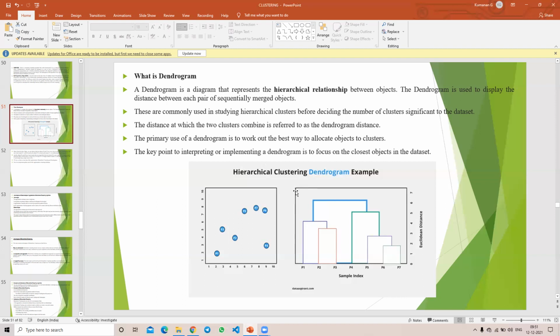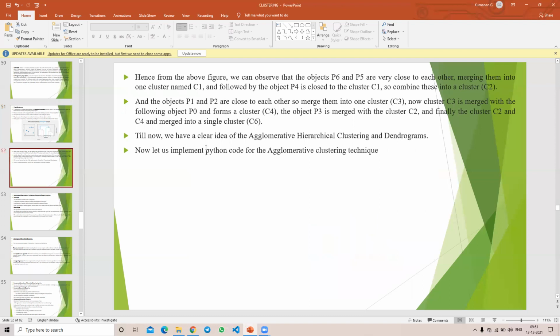This is the diagram for a dendrogram. From the above figure in the previous slide, you can observe the objects P6 and P5 are very close to each other, merging them into one cluster named C1, followed by the object P4, which is closer to the cluster C1.